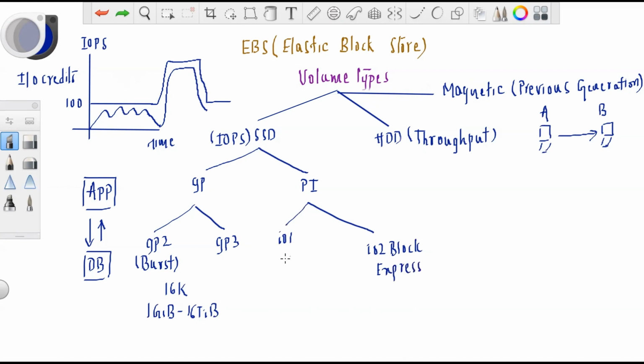IO1 volumes are available in sizes ranging from 4 GiB to 16 TiB, with an option to provision anywhere between 100 IOPS to 64,000 IOPS maximum.